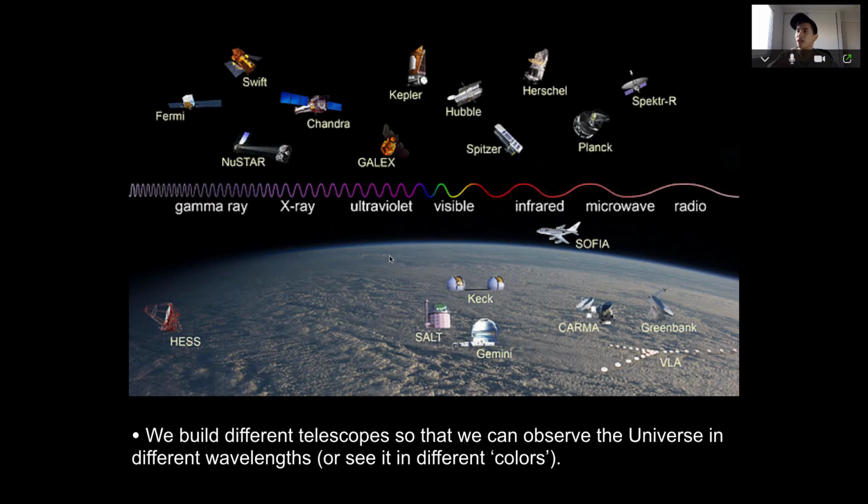You can see why all of the telescopes observing in the shorter wavelengths are placed above the Earth's atmosphere, because the atmosphere blocks a lot of that type of light. So in order to, quote unquote, see in gamma rays, X-rays, and UV, you have to have telescopes above the Earth's atmosphere, or in space, essentially.